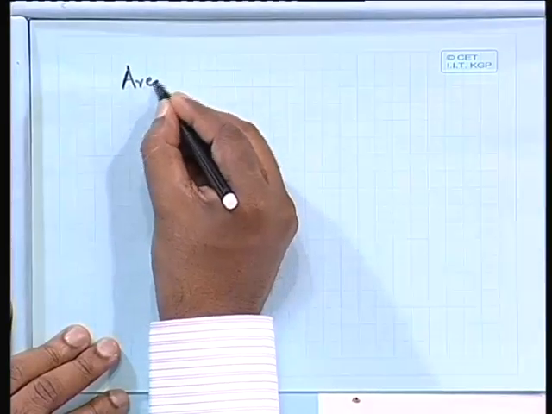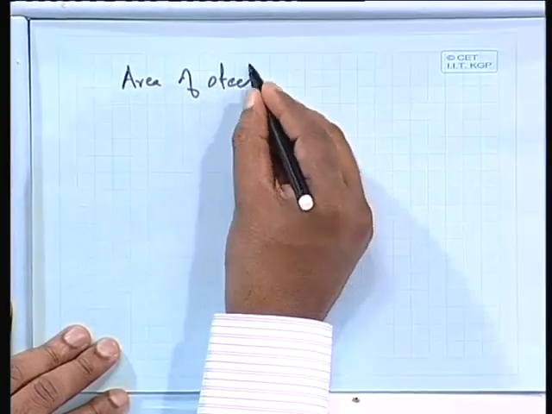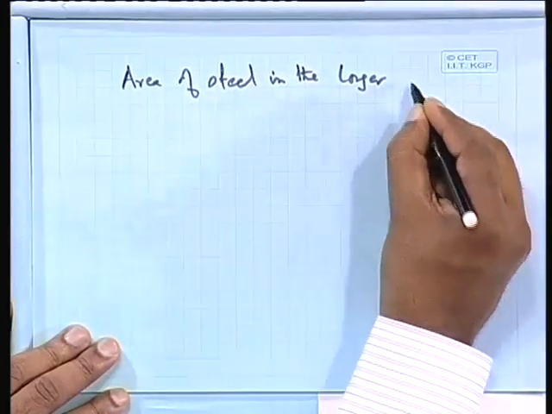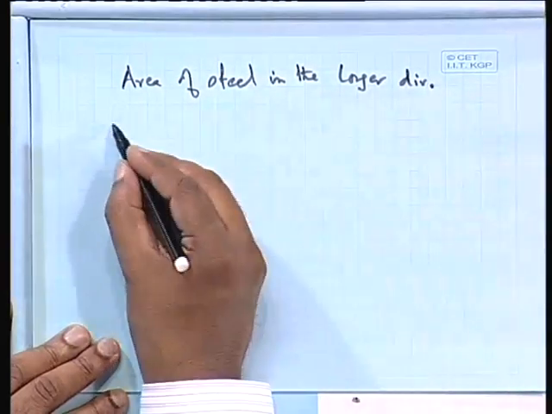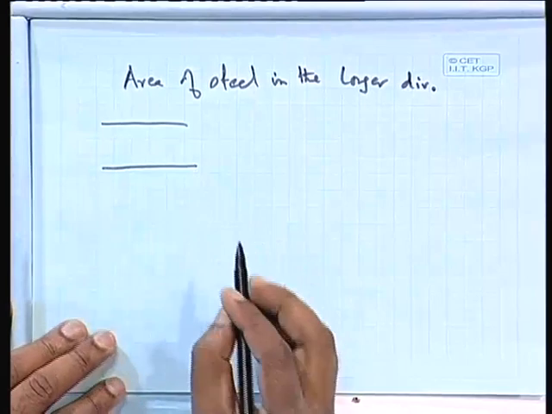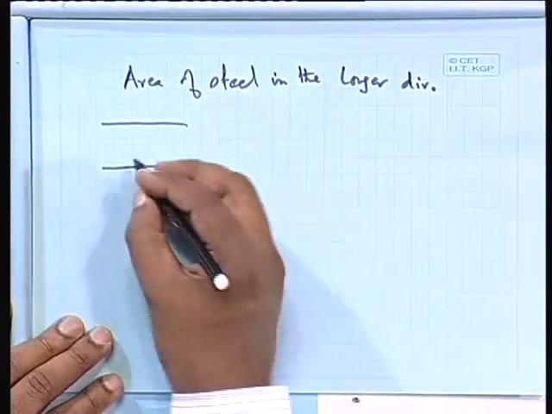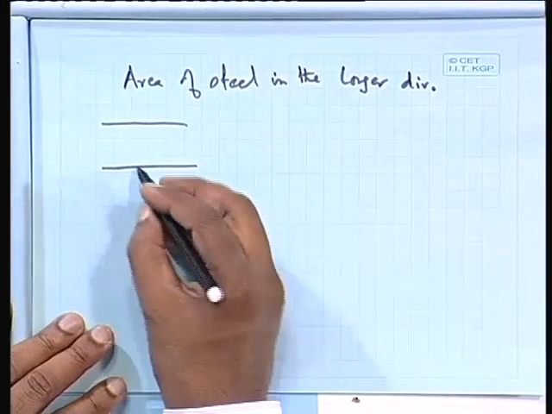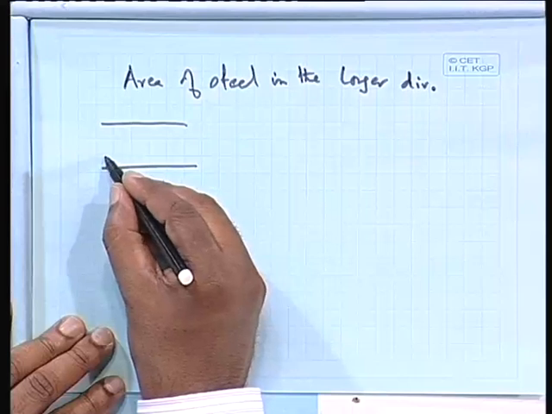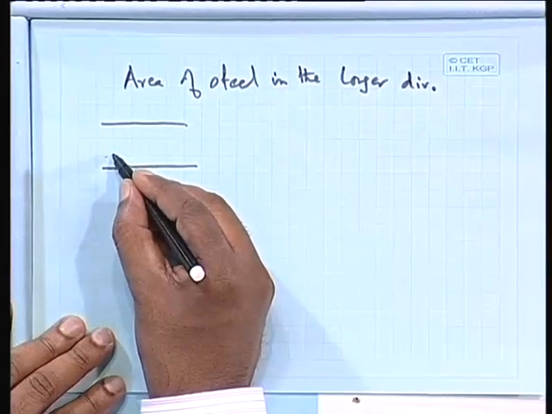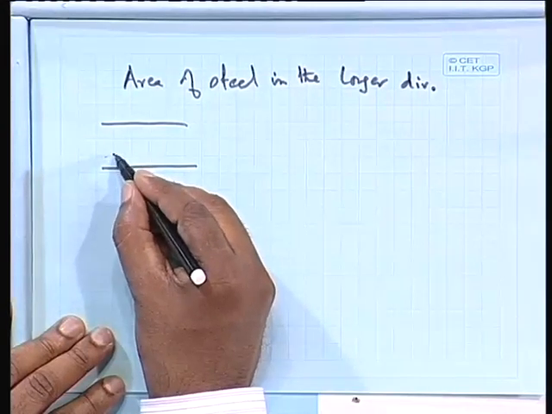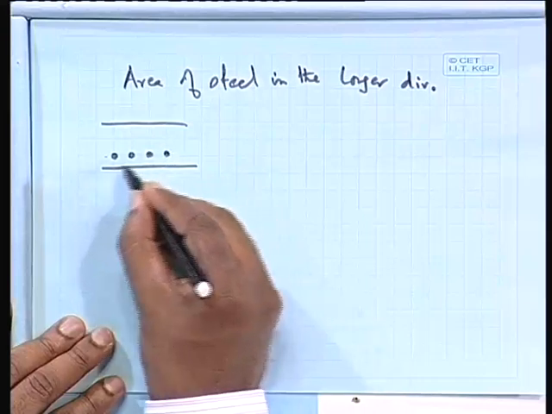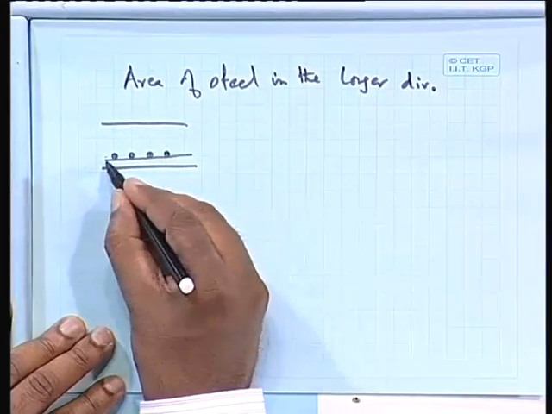Area of steel in the longer direction. If this is your slab, if this is your reinforcement, the longer side reinforcement will be like this.